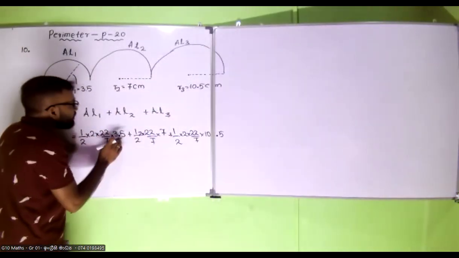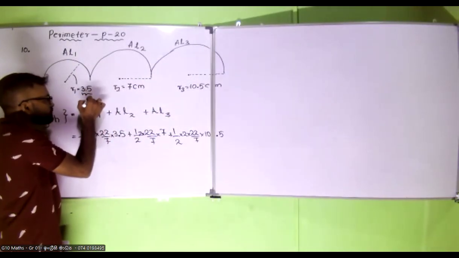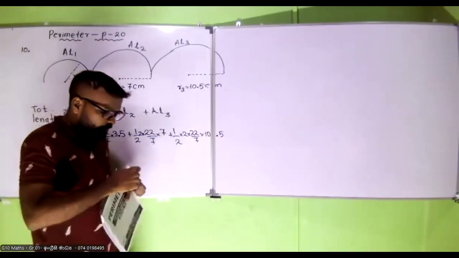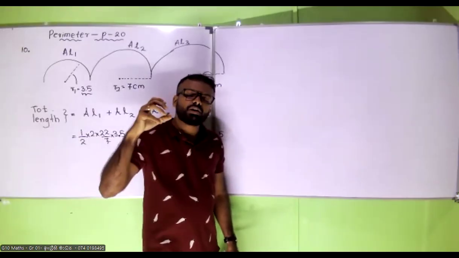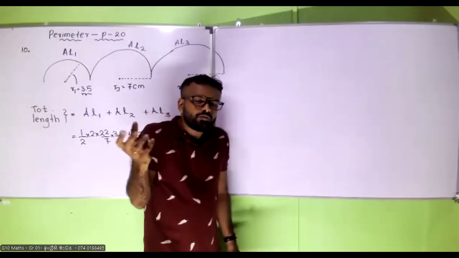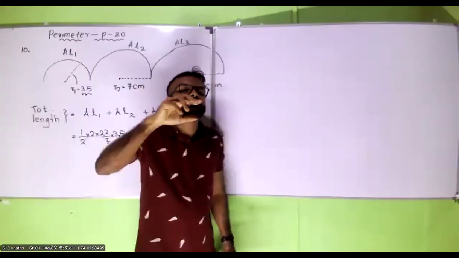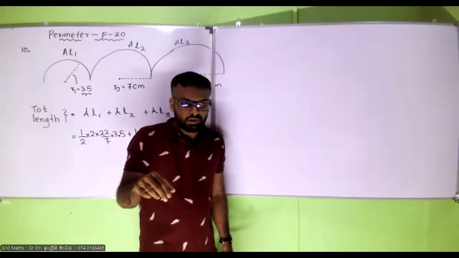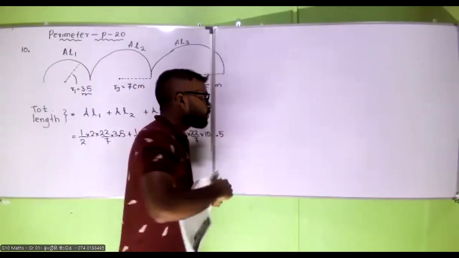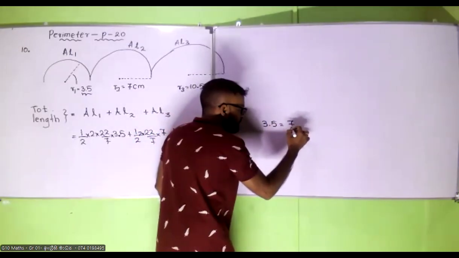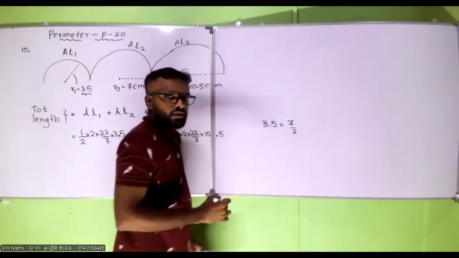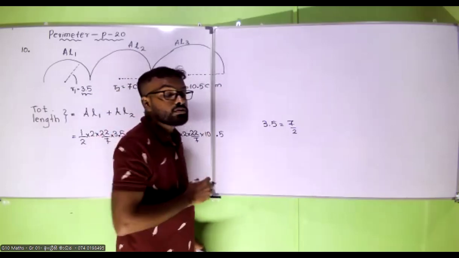Normally here you have 3.5. In the perimeter lesson, I told you normally we need to use not 3.5. It would be much easier if you can use 7/2. Instead of 3.5, you can write it like this as well, 7/2, so that it will be very easy to simplify.